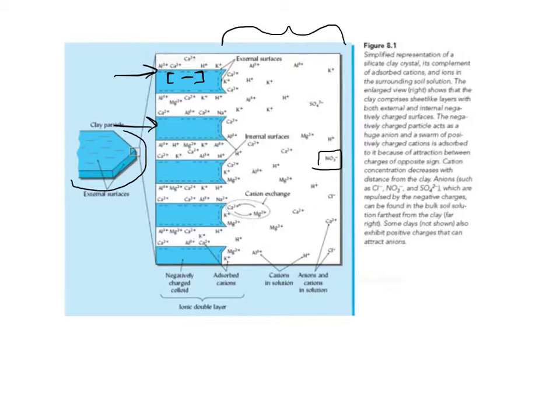So it can actually attract positively charged ions onto its negative charge, and these are called cations. So we call this cation exchange capacity, because these clays are actually able to exchange different cations. You'll learn about that in a little while.